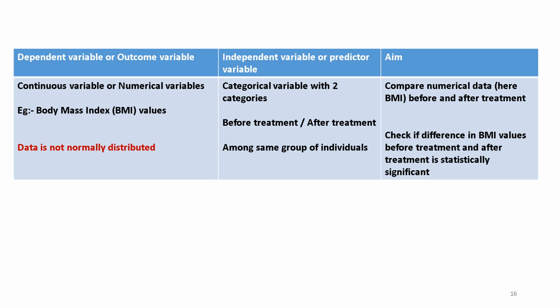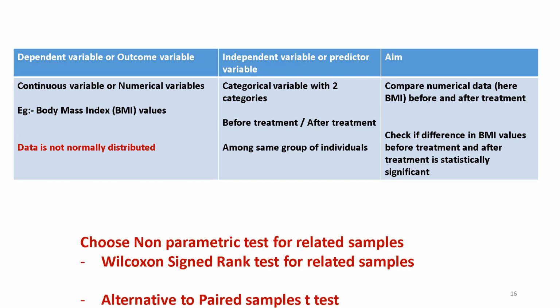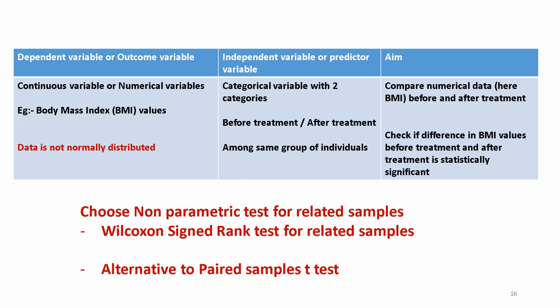So when data is not normally distributed, we cannot apply the paired t-test, right? Because data is not normally distributed. Then we have to look for the non-parametric alternative of the paired t-test, that is the Wilcoxon signed rank test. Choose the non-parametric test for related samples, that is the Wilcoxon signed rank test for related samples, alternative to the paired samples t-test.